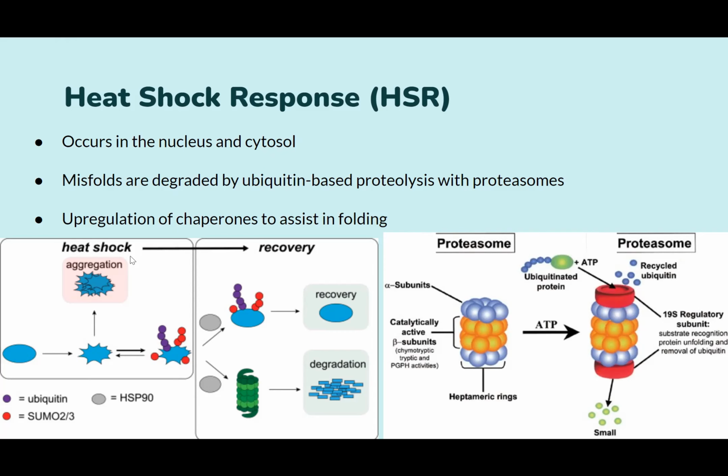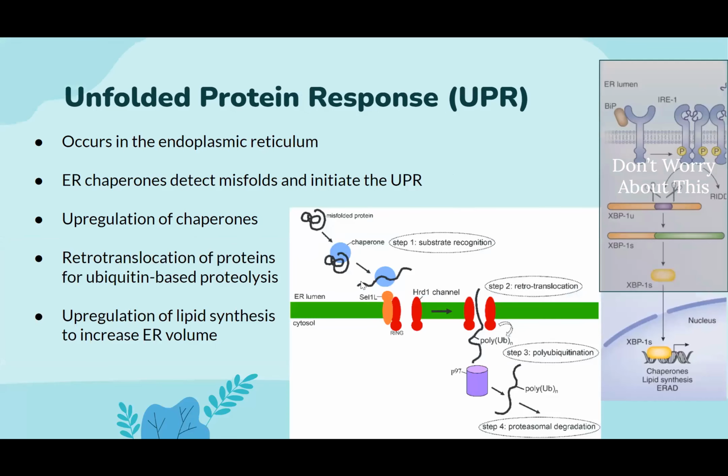If you look in the comic in the lower left, you see the oval shape is a correctly folded protein, and then it becomes spiked or misfolded. And the misfolds aggregate. So the cells either tag it with the purple ubiquitin and then it's destroyed, or it's helped by a chaperone. And so that was in the cytosol and the nucleus.